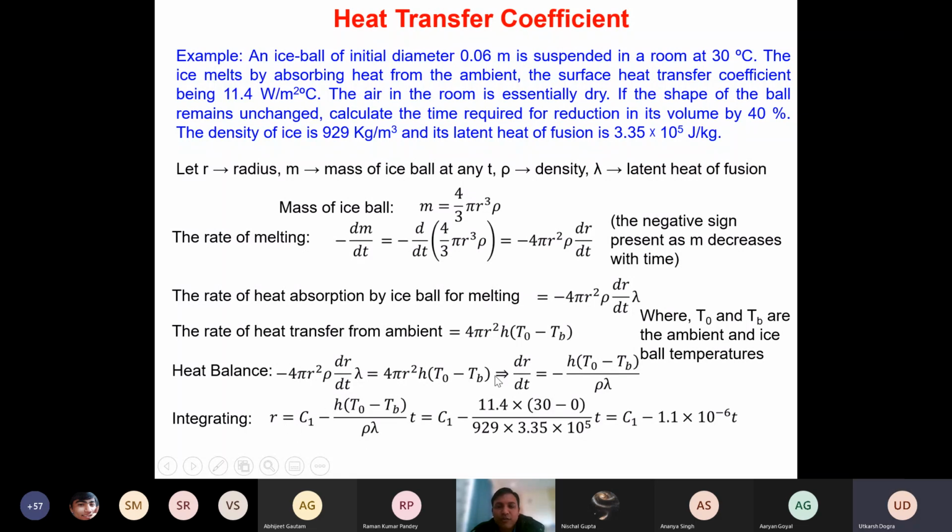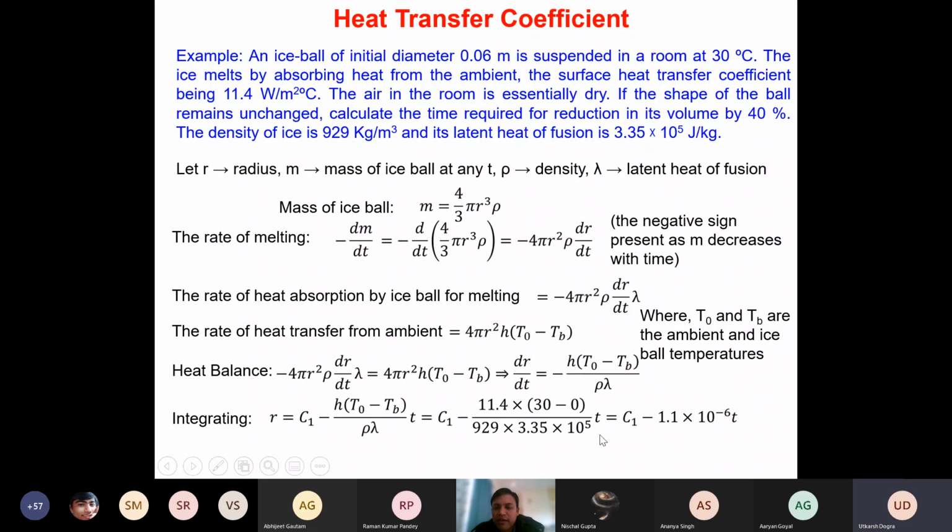After integration, we will get R equals C1 minus h delta T divided by rho lambda, times t. After putting all the values, remember the ice temperature we have used is 0, the ambient temperature we already know, the h value we already know, the density of the ice is already given as 929, and the latent heat of fusion is also given.